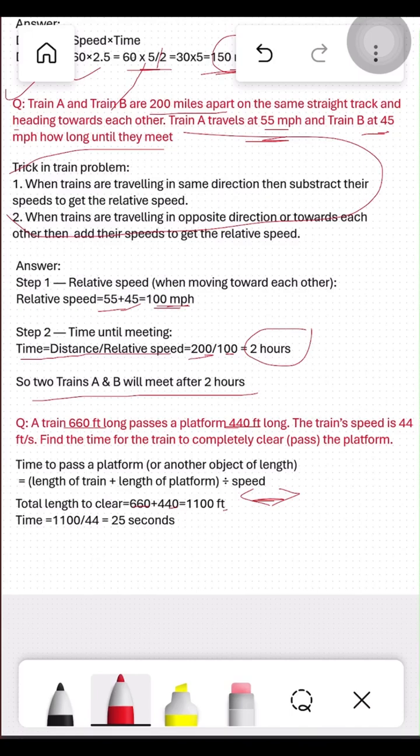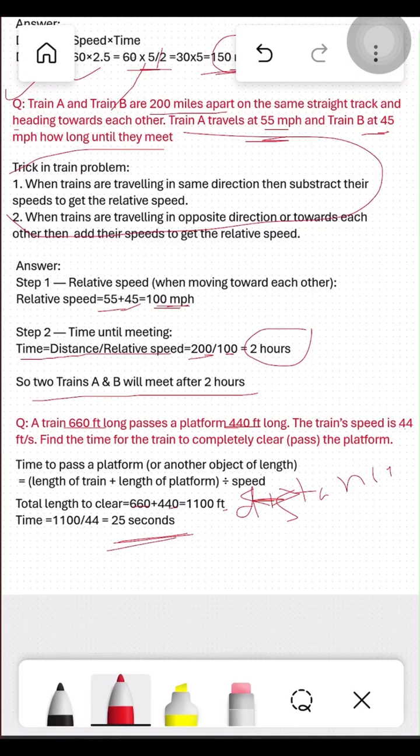This is the length of the train plus platform, so this becomes your distance. Then you have to divide this distance by your train speed to get the time. Train speed is given as 44, so 1100 divided by 44 comes out to 25 seconds.